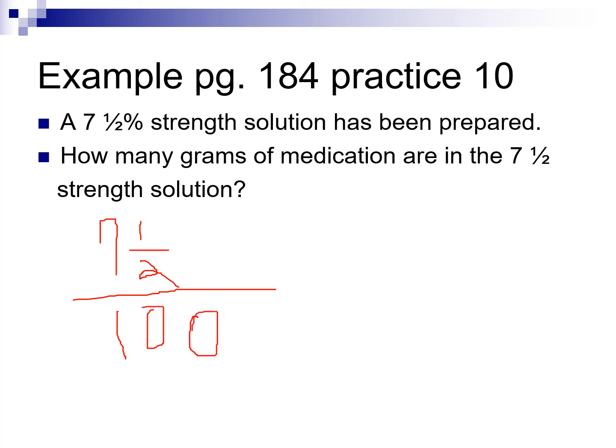Okay, so our answer is pretty simple, really. 7.5. Okay, 7.5 grams. Okay, so I just wanted to show you that that was the same. Okay, let me see what's next here.